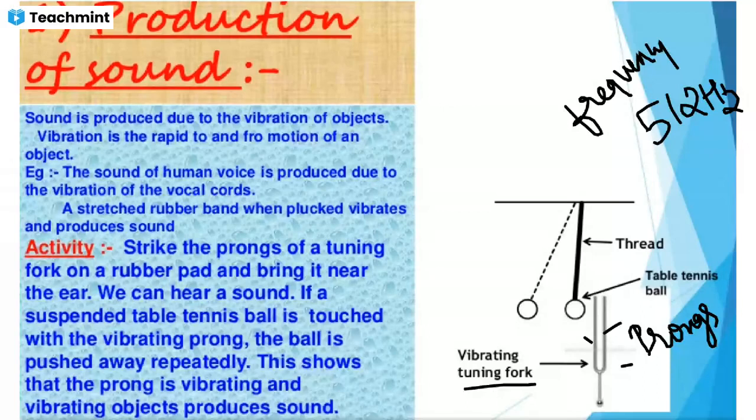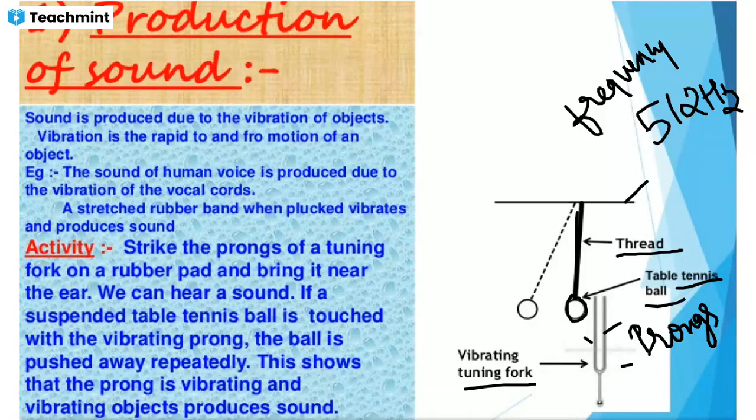So how can you come to know whether the tuning fork prongs are vibrating or not? For that, a table tennis ball is tied to a thread with a support.